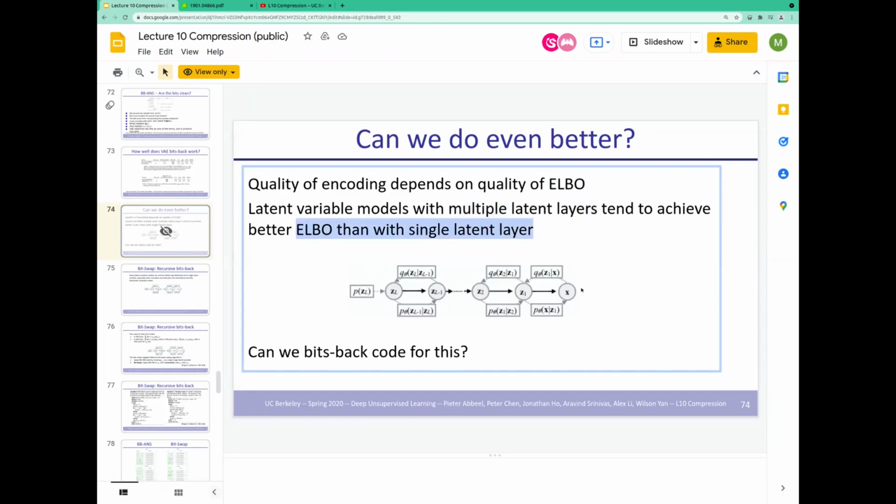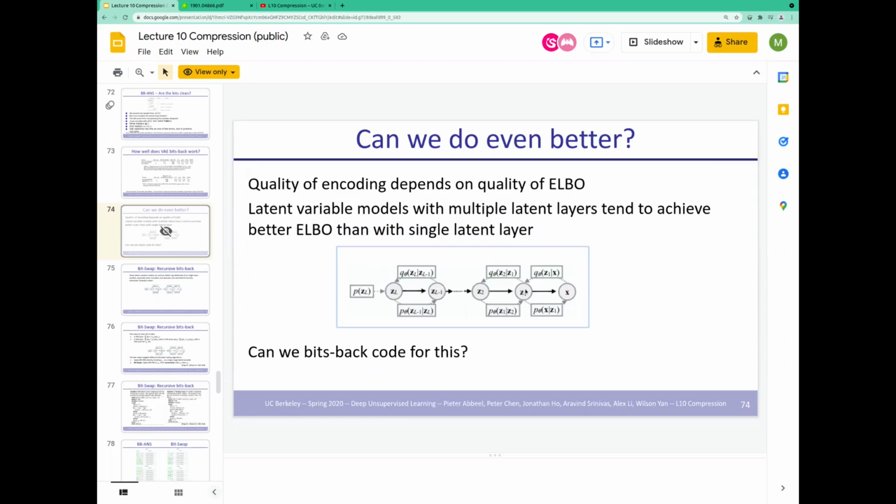I don't remember going through these multi-layer VAEs, but anyway, it's X with its own latent variable, and Z1 is based on Z2, and Z(L-1) is based on Z(L). So there are multiple layers.